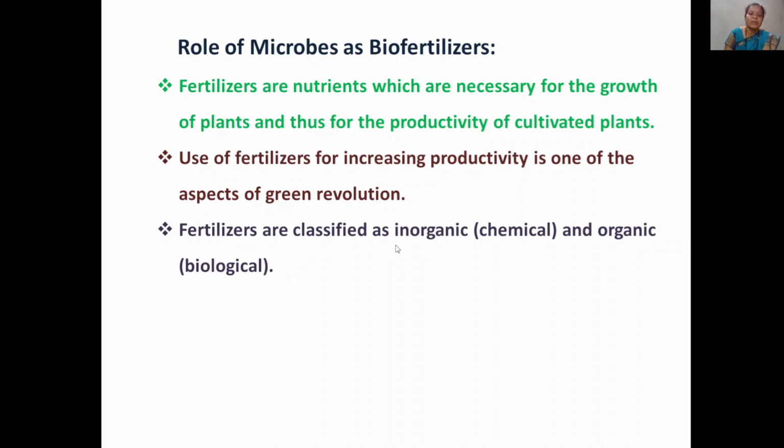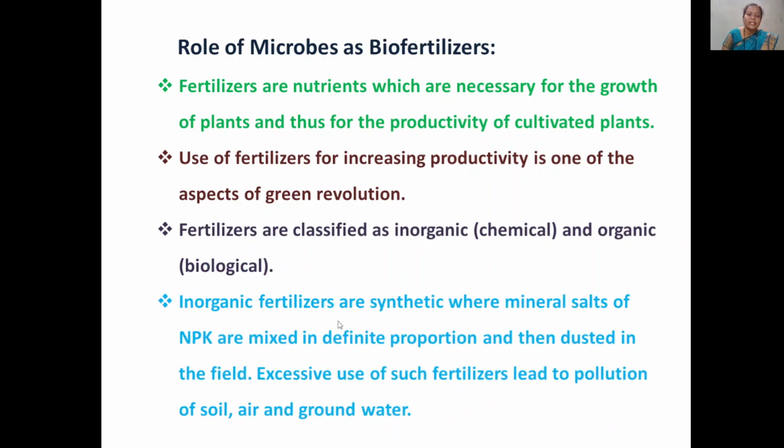Fertilizers are classified as inorganic, that is chemical, and organic, that is biological. Inorganic fertilizers are synthetic, where mineral salts of NPK are mixed in a definite proportion and then dusted in the field. Excessive use of such fertilizers leads to pollution of soil, air and groundwater.